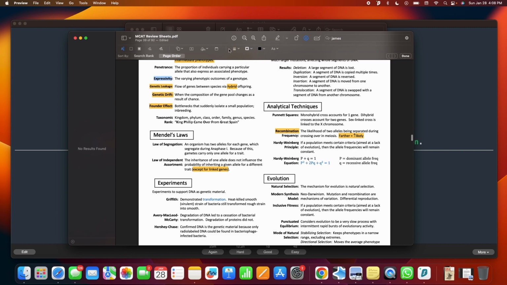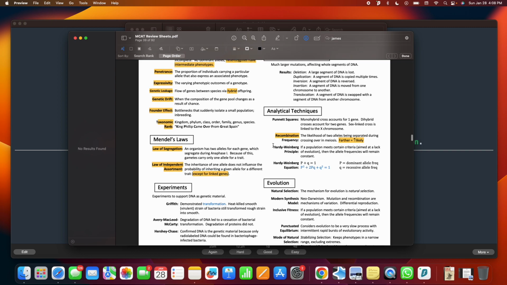We have expressivity, we have penetrance, we have taxonomic rank, we have law of segregation, independent assortment, the Hardy-Weinberg principle, again, is when you have no longer the recombination frequency.